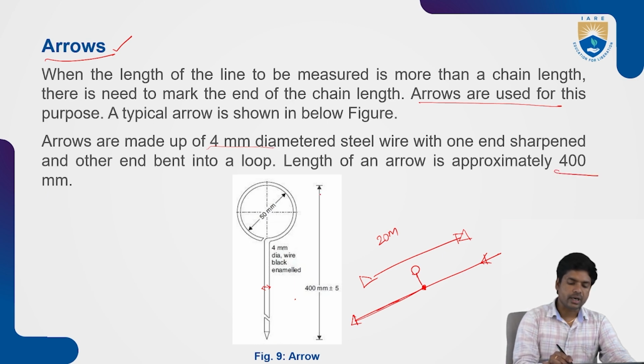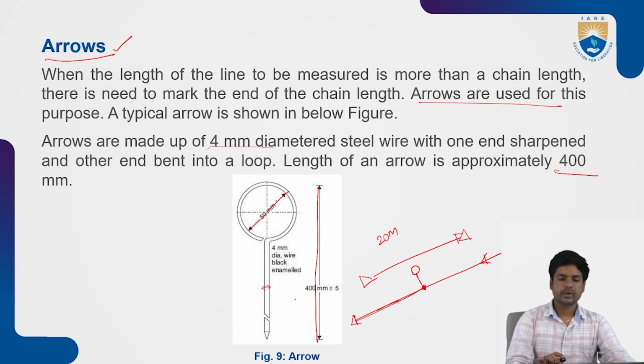One end is bent into a loop, and the diameter of this loop is around 50 mm. The other end is sharpened to place the arrow in the ground.